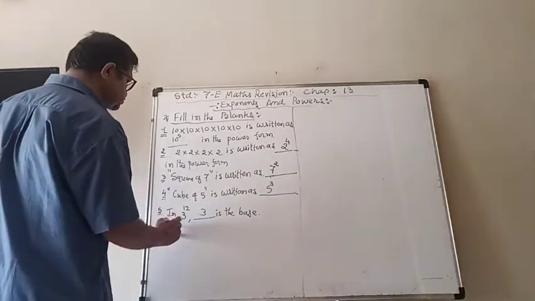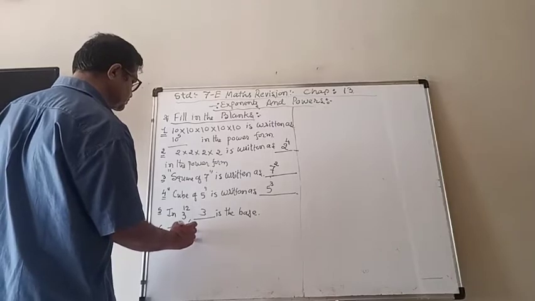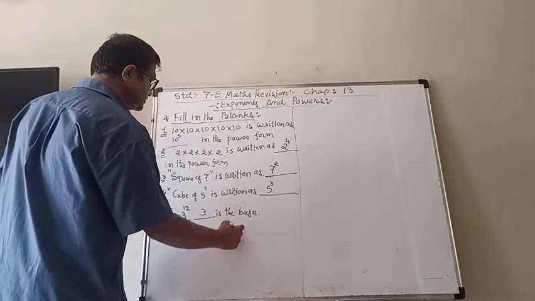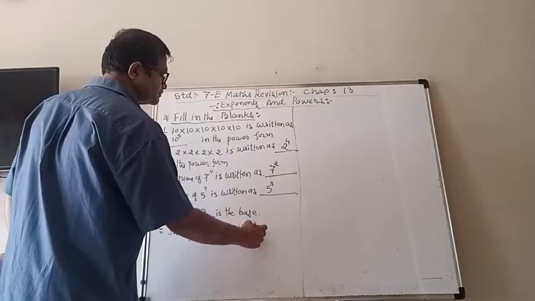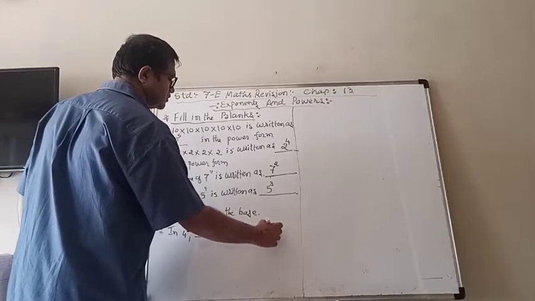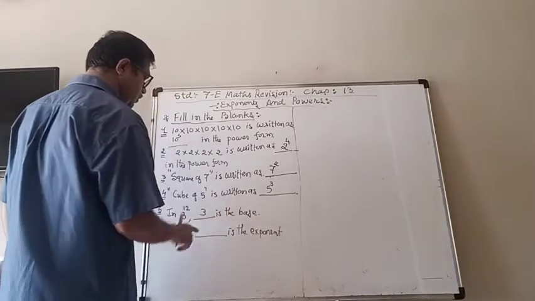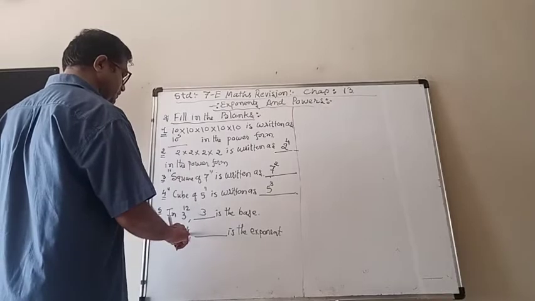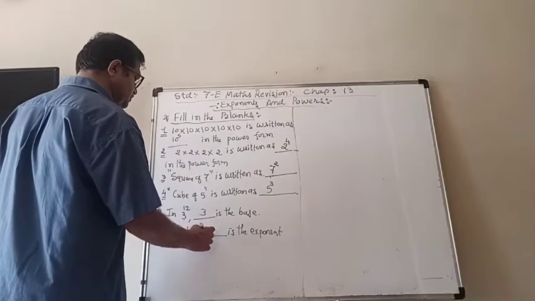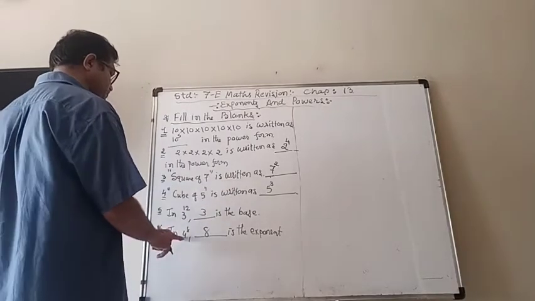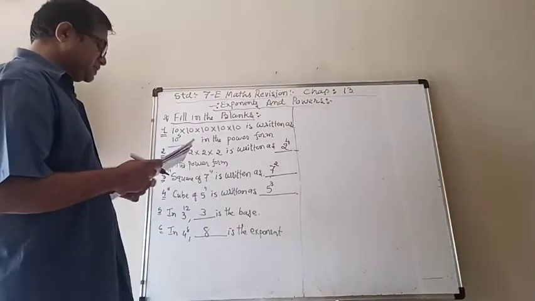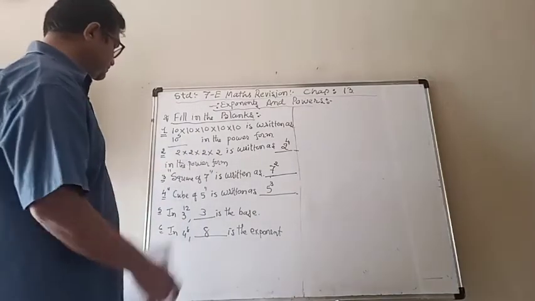In 4 raised to 8, dash is the exponent. So whatever is on the other number is known as exponent. So here 4 is the base and 8 is the exponent.